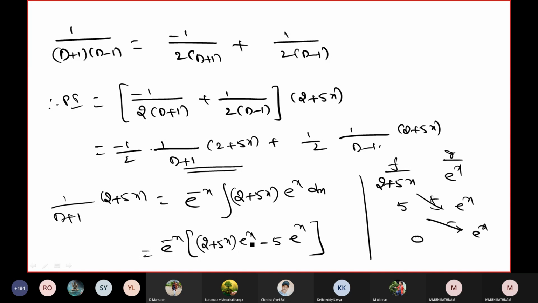When we multiply with e power minus x, this will be 2 plus 5x minus 5, which is 5x minus 3. Is it okay? When we multiply with e power minus x, this is e power x, this is e power x, that will be 1. Okay. So similarly, we'll go for the next one.